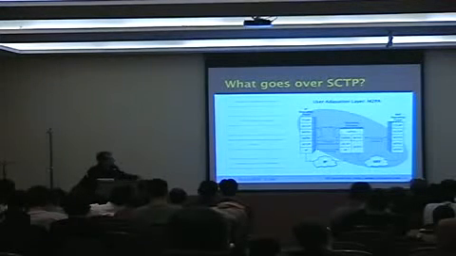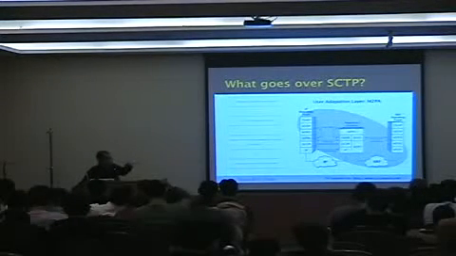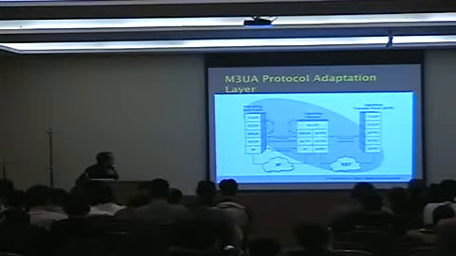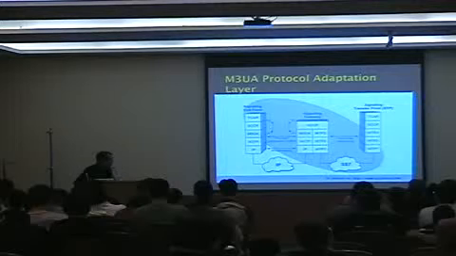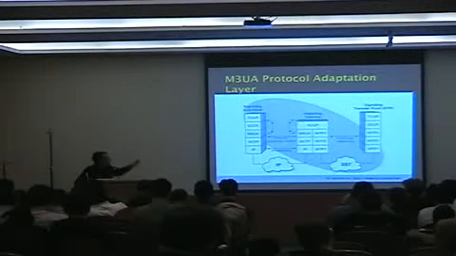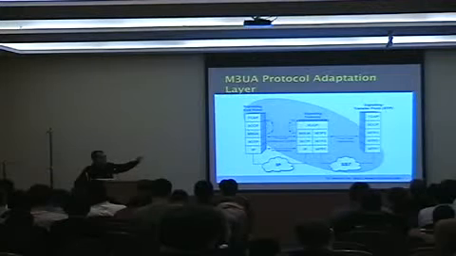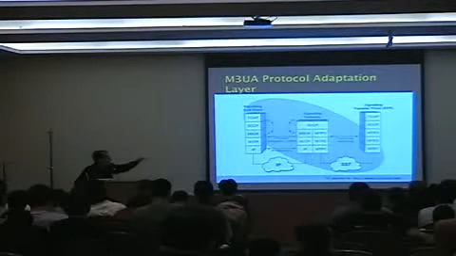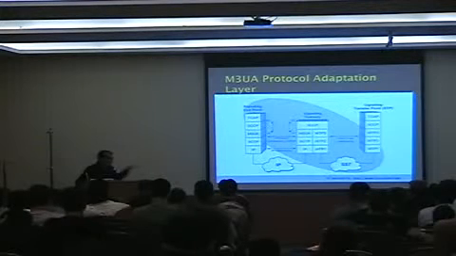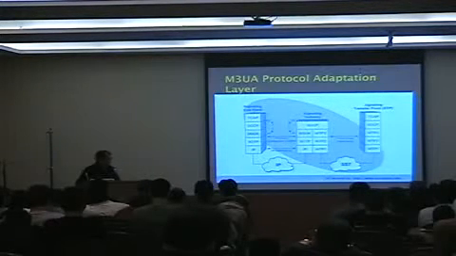Then, using SCTP, it's going to be carried using multiple links. You have many user adaptation layers, and here I'm only going to speak about M3UA, which carries MTP3 and behaves as MTP3 on the network. So you can directly put SCCP messages on top of this protocol.